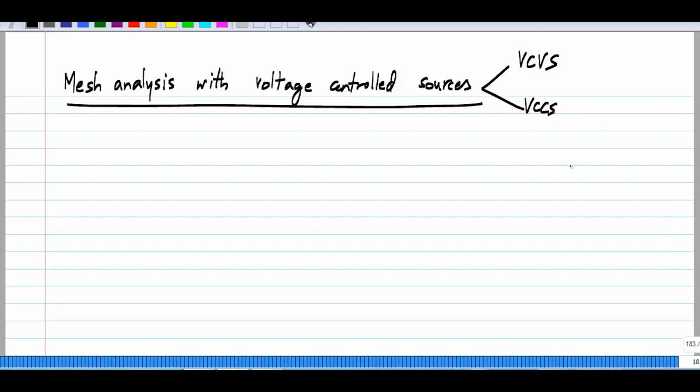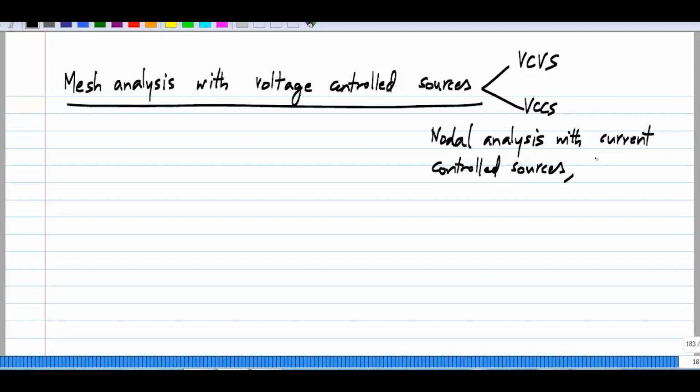Now if you recall, when we had nodal analysis with current controlled sources, the controlling current was restricted to be through resistors.